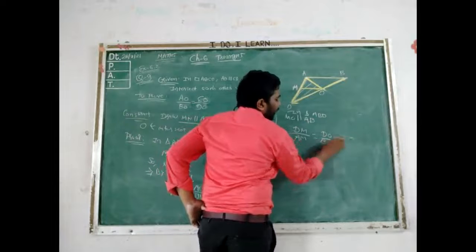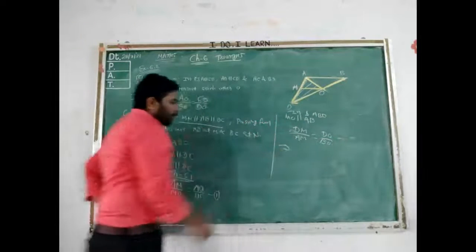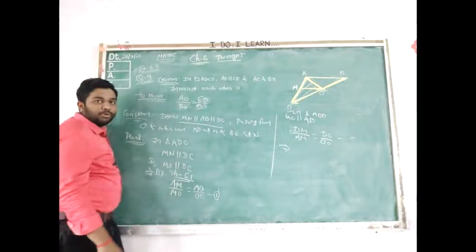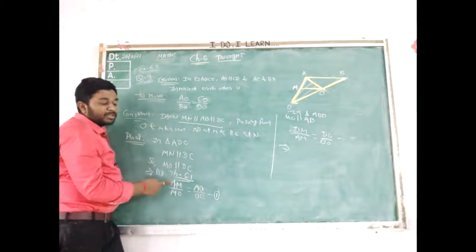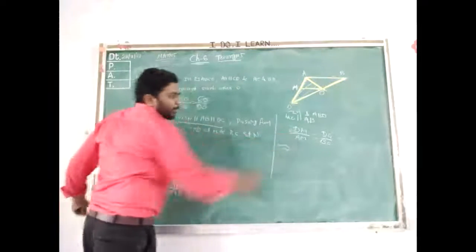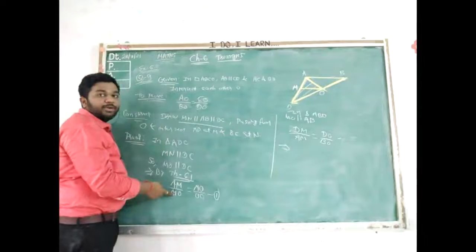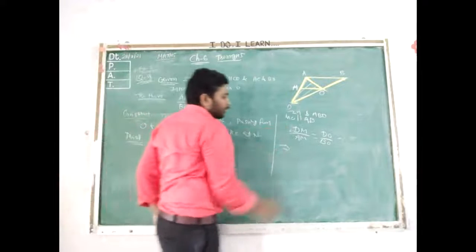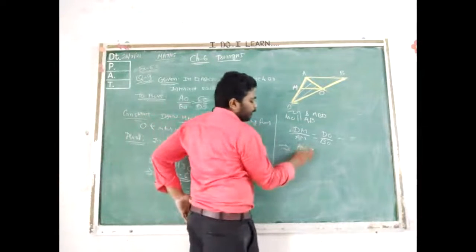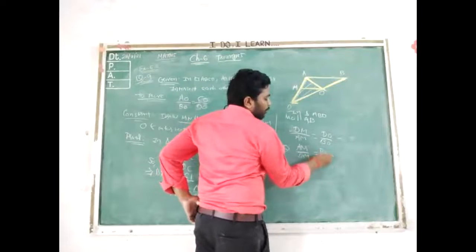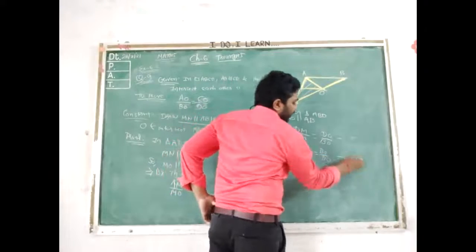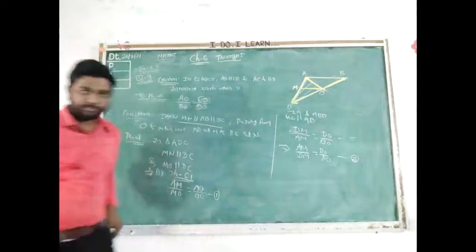Now if we want to compare this, here AM is in the numerator, here it's in the denominator. DM is in the denominator here, in the numerator there. So we have to take a reciprocal. So AM upon DM is equal to BO upon DO. I can write like this, and I'm calling this equation number 2.